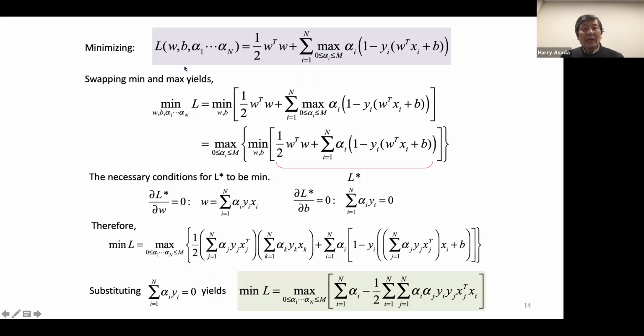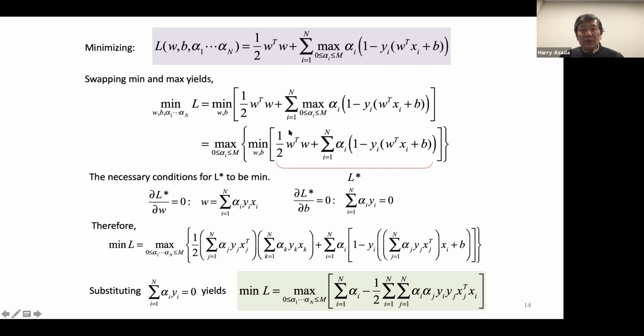So what we would like to do is to minimize this function, with respect to W, b, and alpha 1 to alpha n. Now, first, we can swap this max and this min in this way.